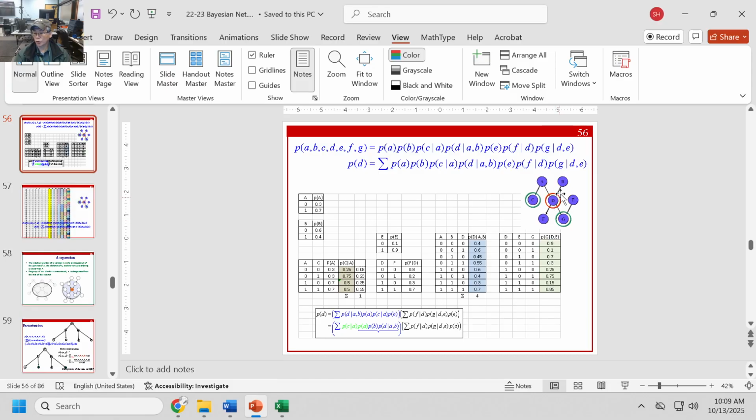Can you see that everything is a down arrow, down arrow, down arrow here? To have D happen, I know everything I need to know to reach D: I need to know A, B, C. Agree? On the other hand, if I want to know what will happen to my G or my F, do I really need to know A, B, C if I know D? No, because of the Markov conditions.